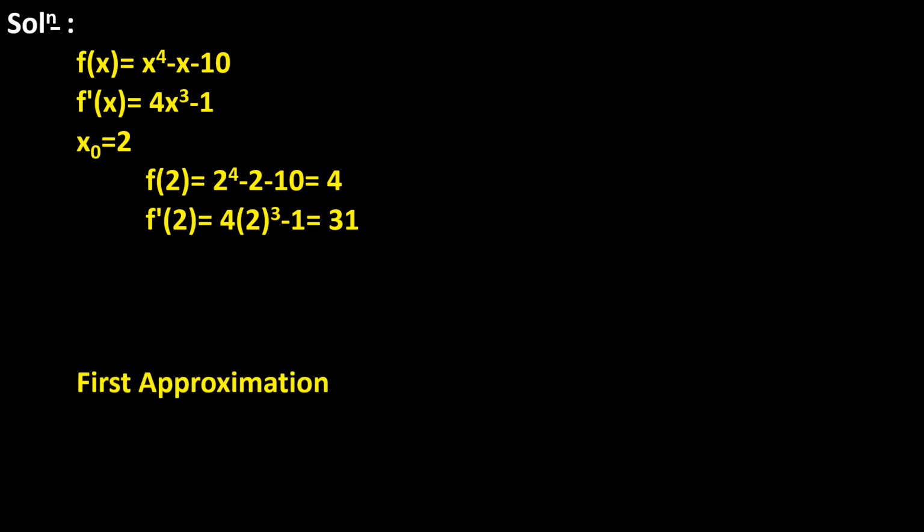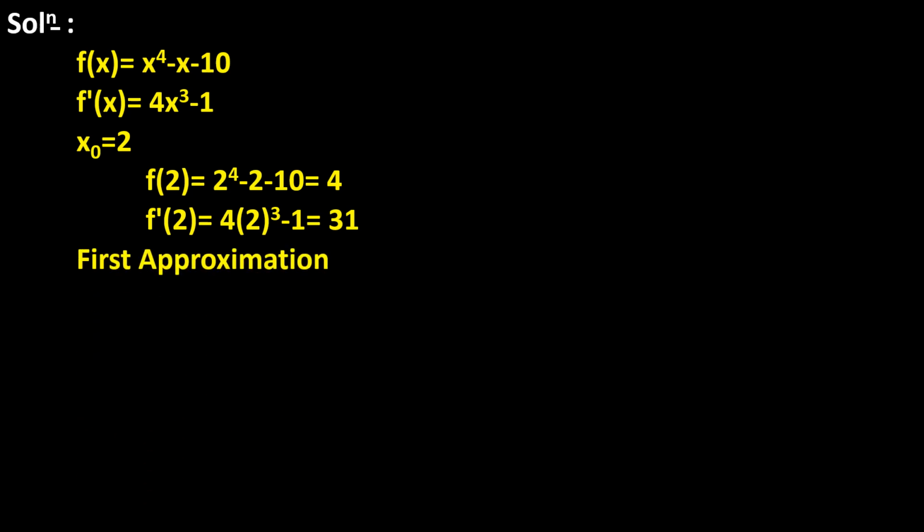The first approximate root, or the first approximation, is x1 is equal to x naught minus f of x naught divided by f dash of x naught.